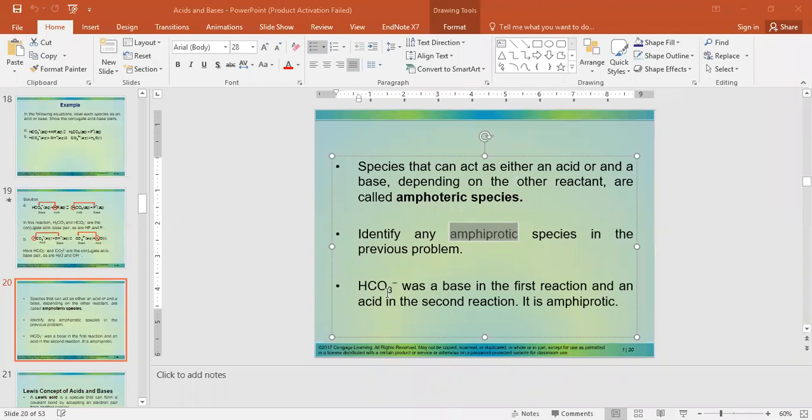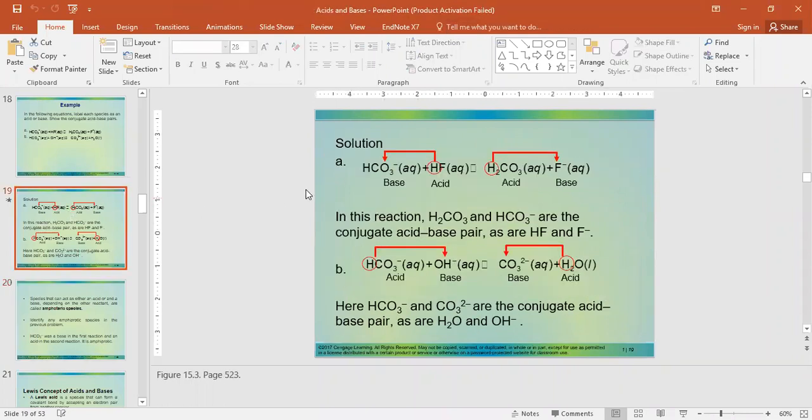Now, we are saying that this hydrogen carbonate was a base in the first reaction. So if you look at what we have here, it is a base, and it is an acid in the second example. But its behavior as an acid and a base actually involves the transfer of protons from one species to another.